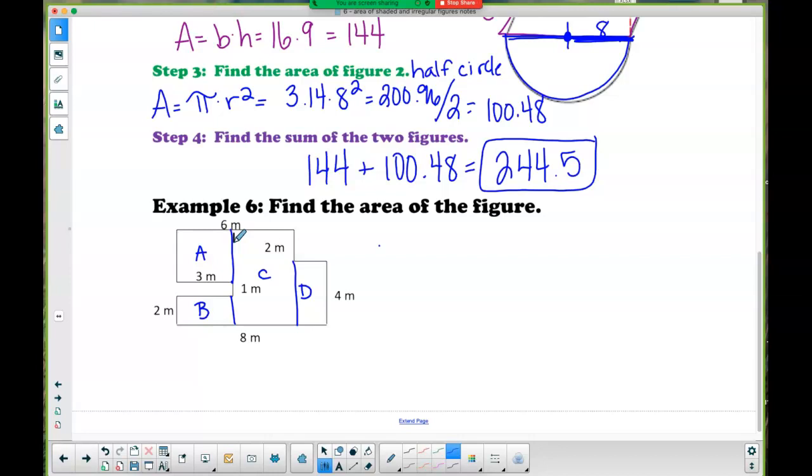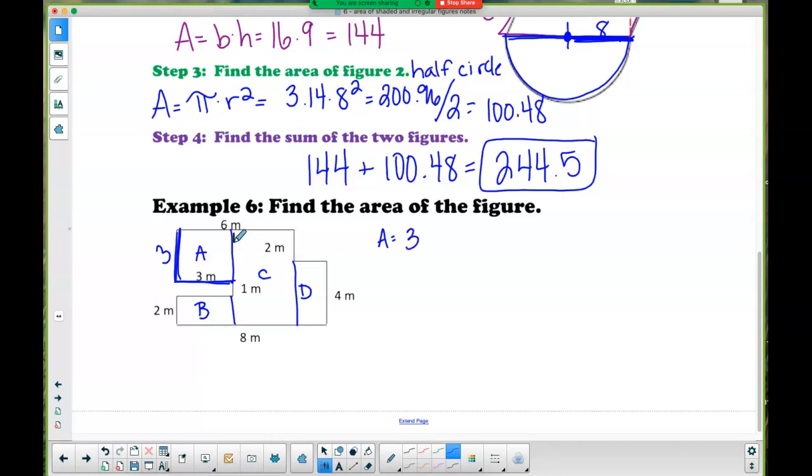A, these are all squares or rectangles. So this is 3. What's this? Tyler? 3. It has to be because this whole side is 6. 2 plus 4 is 6. So if this is 2 and this right here is 1, this has to be 3.